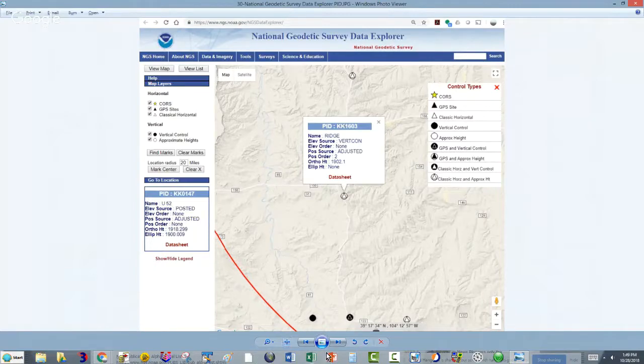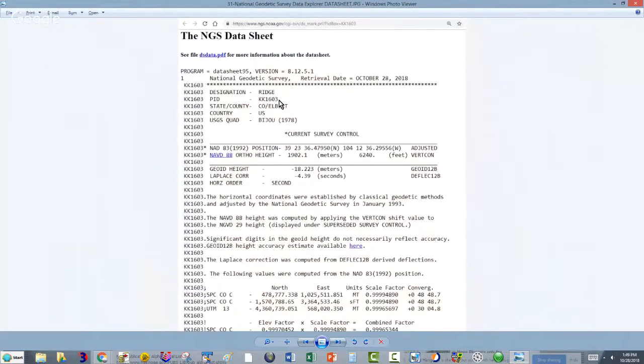So you'd click on Data Sheet, and it brings up the data sheet that you can just copy. It's absolutely just ASCII text. You can use Notepad to look at it. But it's going to give you all the positioning data and its history. I don't show you that, but down below is who set it, when they set it, the different years it was recovered, and so forth. So that's all there for you.